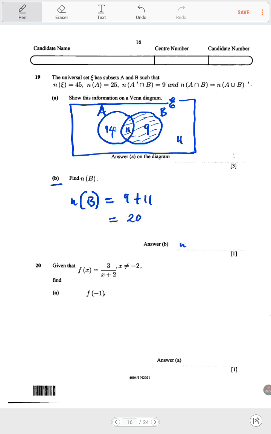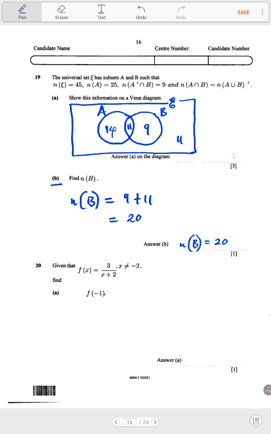So the number of elements in set B is equal to 20. Okay, so here let me just rub these things so that you have a clear set. So here 11, yeah, like that. Okay, so now we move on to number 20.